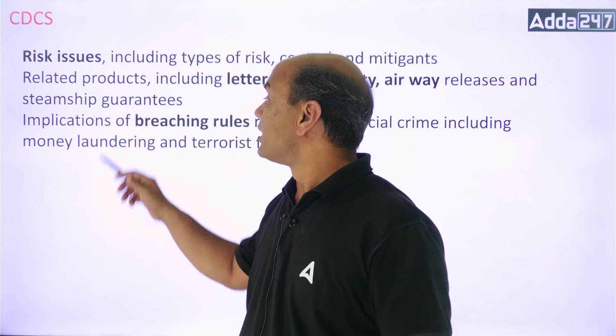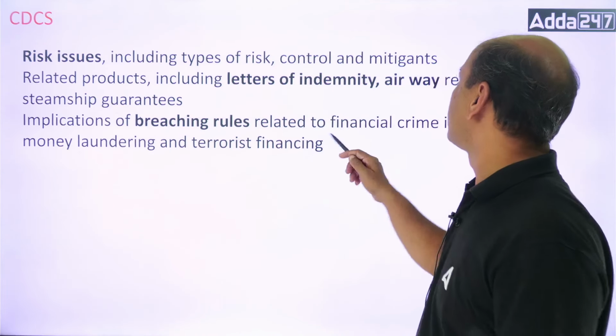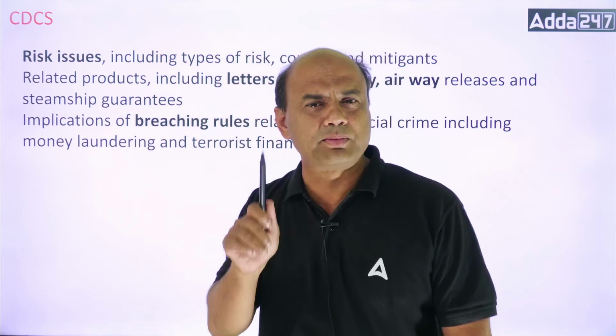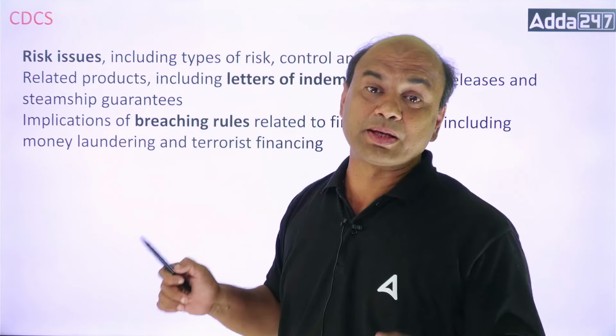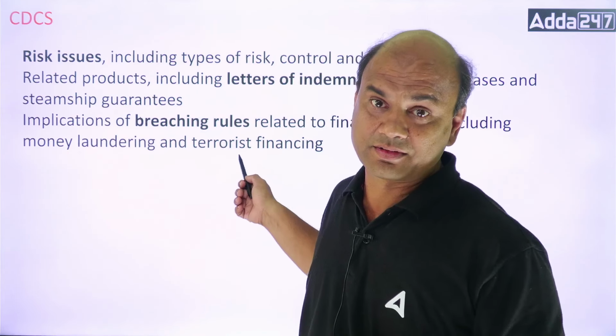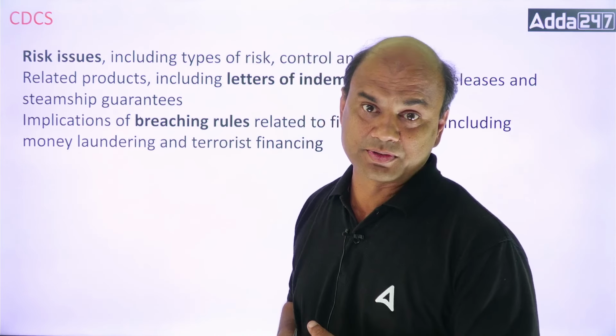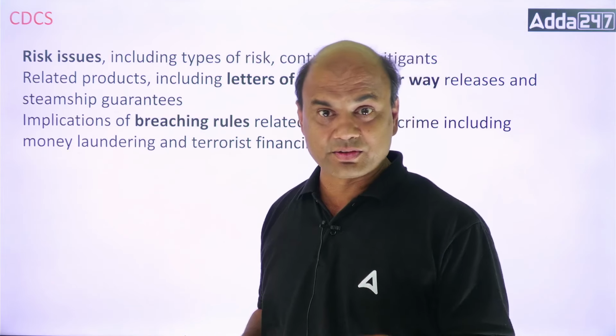Implications of breaching rules related to financial crimes, including money laundering and terrorist financing. The most important part faced by the world today is this. AML issues we call it, right? All the bankers must be conversant with these AML issues, all those techniques, okay?